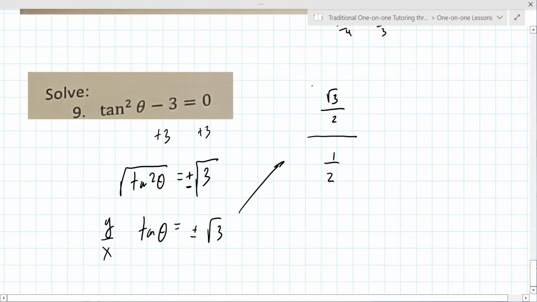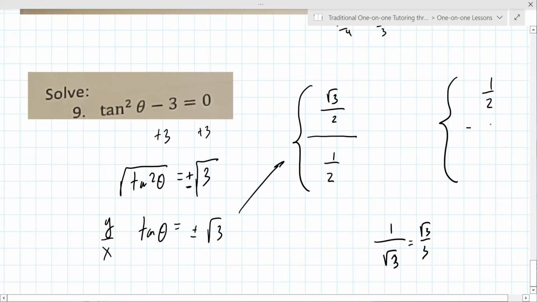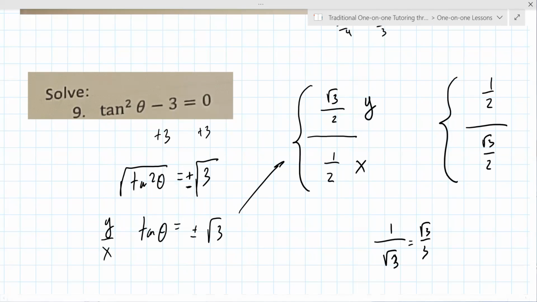If you end up getting 1 over the square root of 3, or even root 3 over 3, it's the flip of these. It's 1/2 over root 3 over 2. So you have to know that to be able to map through this. You're looking for where the y value is root 3 over 2 and the x value is 1/2. And you see on your unit circle that this happens in a lot of places.